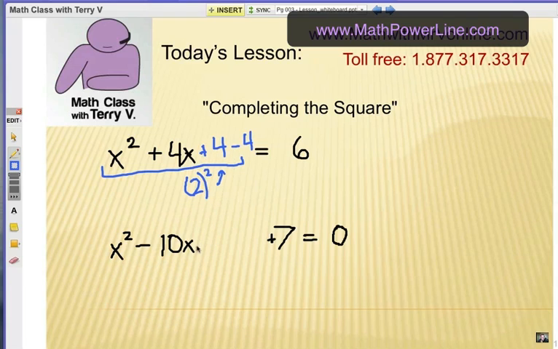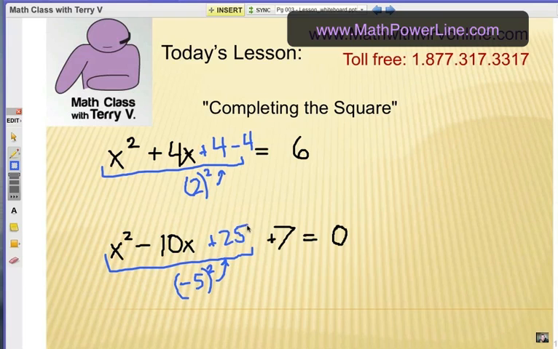Now down here is an example of what you do on both sides of the equal sign. So we have x squared minus 10x, and I left a blank spot there because we want to complete the square. Half of negative 10 is negative 5, and then we square that, which of course is positive 25. So positive 25 goes there.